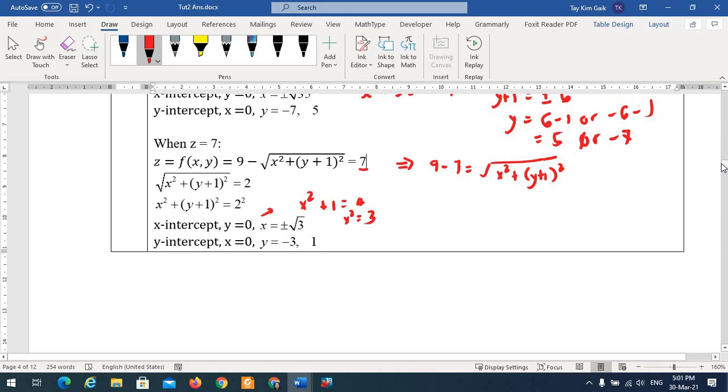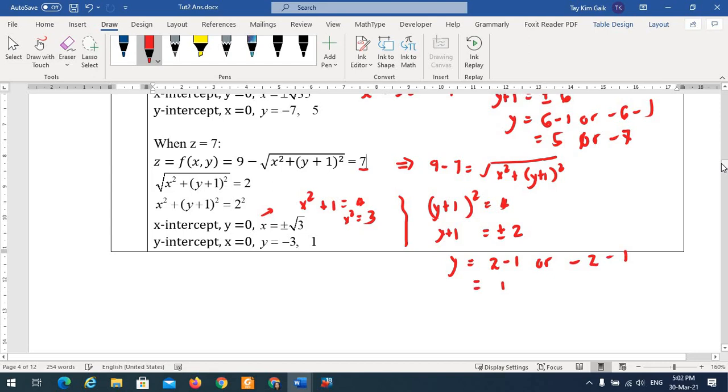For the y-intercept, let your x equal to 0. So you have (y plus 1) squared equal to 4. So y plus 1 is equal to plus or minus 2. So y is actually 2 minus 1 or negative 2 minus 1.